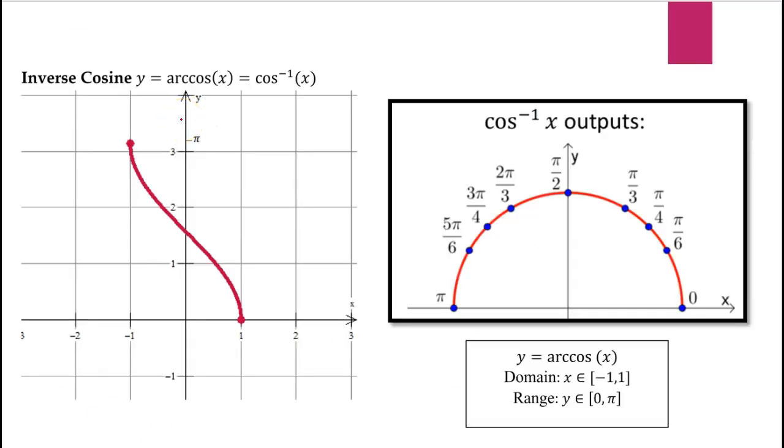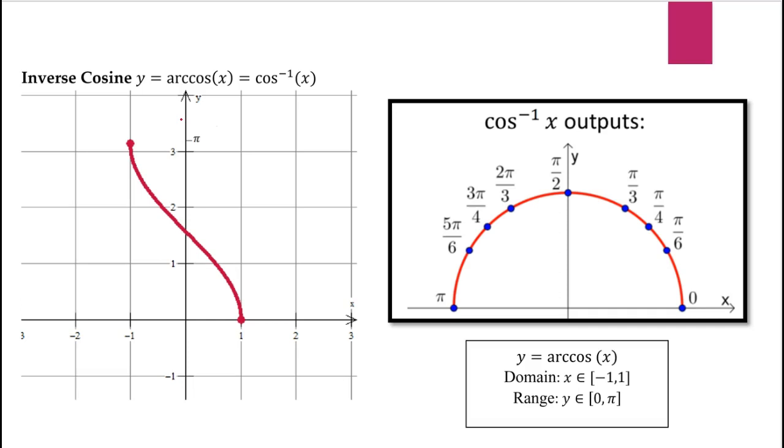So this brings us to, what does inverse cosine look like? We have two different notations for inverse cosine. y equals arccosine of x, or the traditional notation for inverse, cosine to the power of negative 1. We don't read it like that, but it's cosine inverse of x or arccosine of x. There are two different ways of representing inverse cosine. This is the graph of inverse cosine.